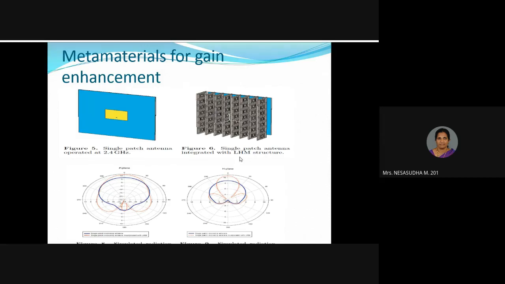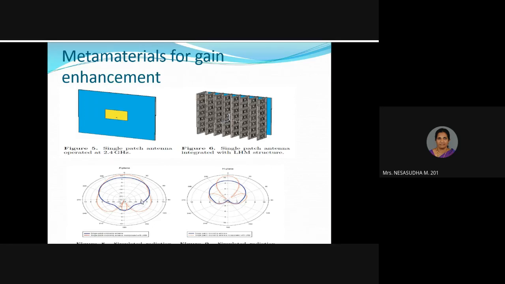They have given the LHM, which follows the left-hand rule, where both mu and epsilon are negative. Here this is a patch antenna which operates at 2.4 gigahertz. This is the side view, given to indicate the number of metamaterial sheets. So this is the radiation pattern.